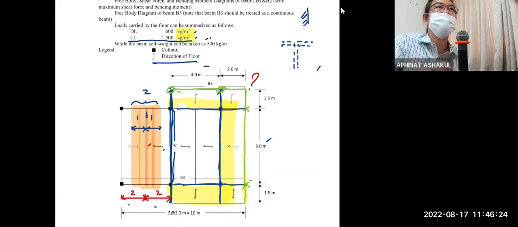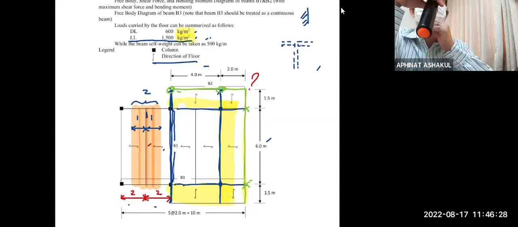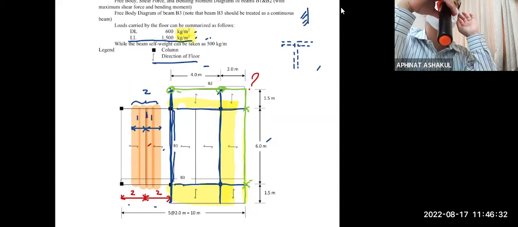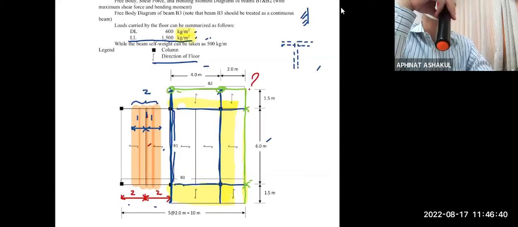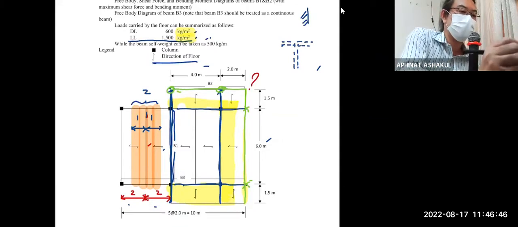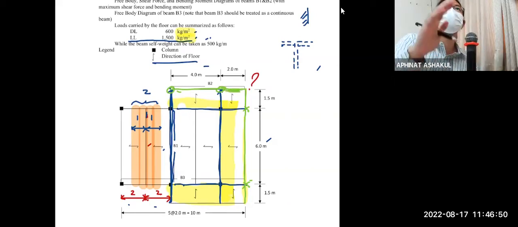So whatever happens at the corner, let me tell you right away, because you're just going to stare at the picture like that. They need to support themselves. Nobody is supporting anybody at the corner. You as engineers must make sure that this portion is strong enough to stand by itself.